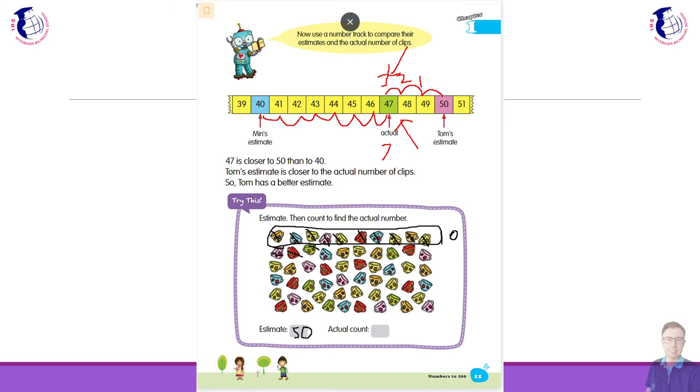Then 1 to 10, there's another 10. Then 1 to 10, another 10. Then 1 to 10, another 10.